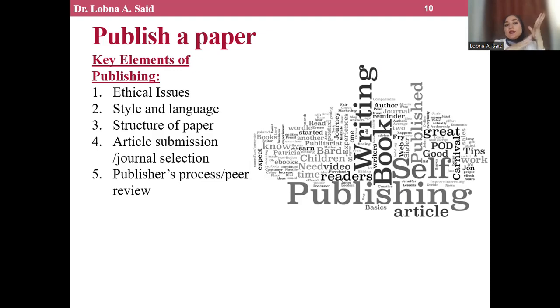One of the most important things is article submission and journal selection, because some researchers just submit to a journal and then get rejection after rejection, not because of the quality of their work, but because they wrongly identified the journal. So journal selection is really important, in order not to get frustrated and disappointed. And of course, what happens after you submit to the journal? We will discuss it all here in our lecture today.